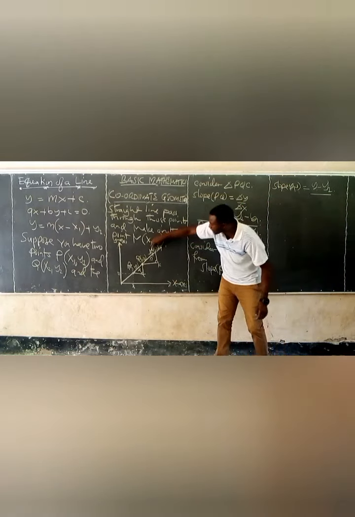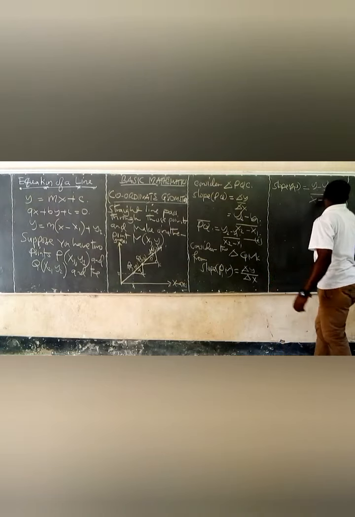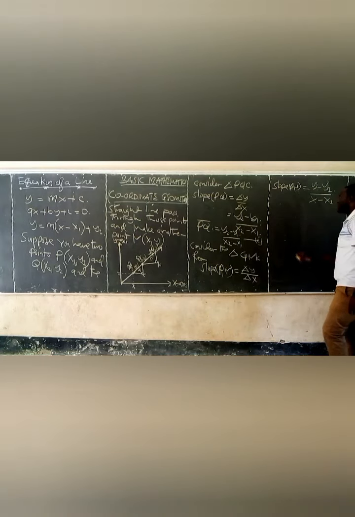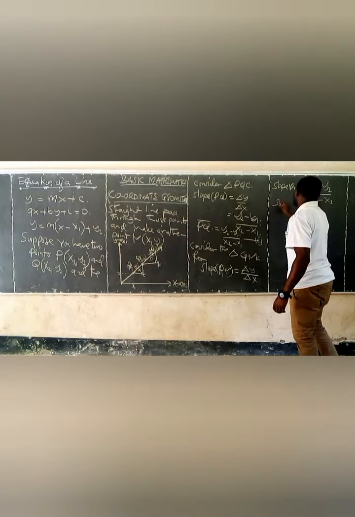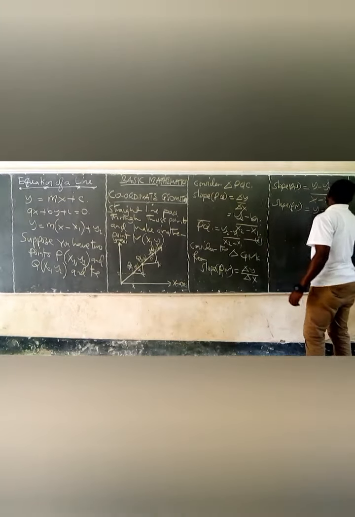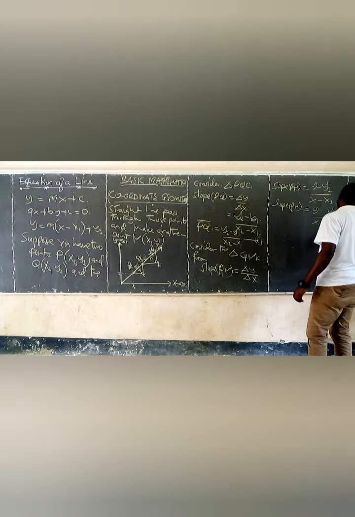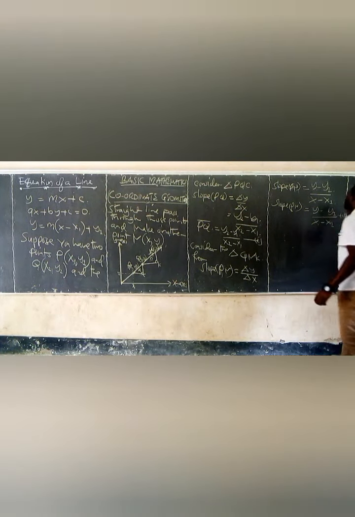Change of x, we take x minus x1. So the slope PN is equal to y minus y1, divided by x minus x1. Call this the second equation.